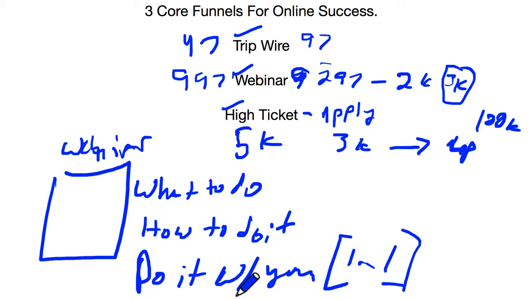Most high ticket stuff you're going to have is consulting, some kind of mastermind group, some form of bigger ticket item that requires a little more personal interaction for people to drop 5K. I do a travel product that's a 5K offer with huge value, but people feel a little bit better after they talk to somebody about the offer when they're spending $5,000. So: what to do, how to do it, and then the big thing is do it with you.